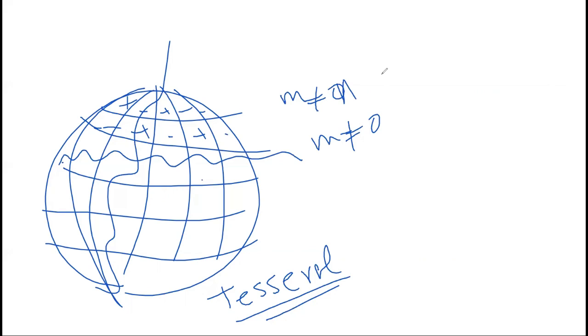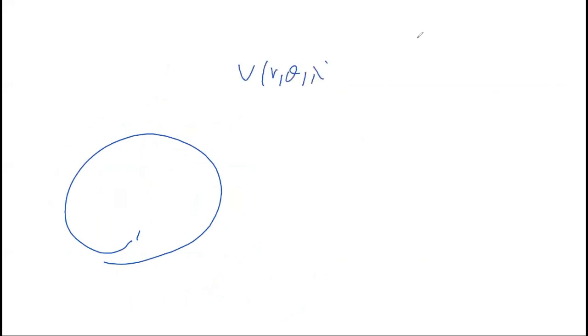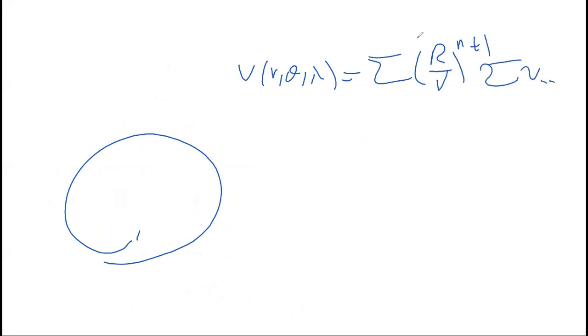So when you write the spherical harmonics, if you have the gravity field of the Earth, and you write this gravity by this formula, r, theta and lambda, with one summation, R over r to the power n plus 1, then V_nm, Y_nm. These Y_nm functions are those harmonics that I showed you. They present the base functions for these variations.